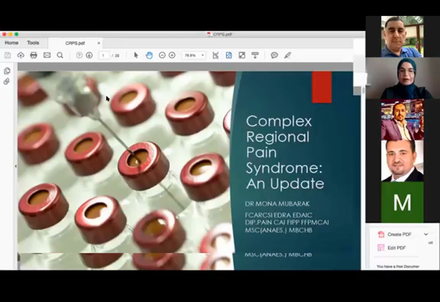Also, the upper extremity is usually involved following a stroke or myocardial infarction, and this was sometimes referred to as the shoulder-hand syndrome. Of course, the term CRPS was not recognized in the past, and that's why the link was made between myocardial infarction or stroke, because the pain is usually in the hand or the shoulder, and they made this terminology of shoulder-hand syndrome.